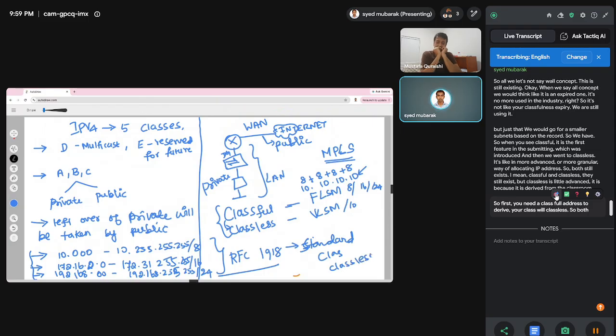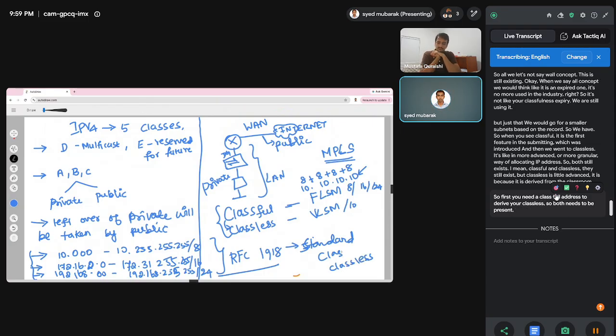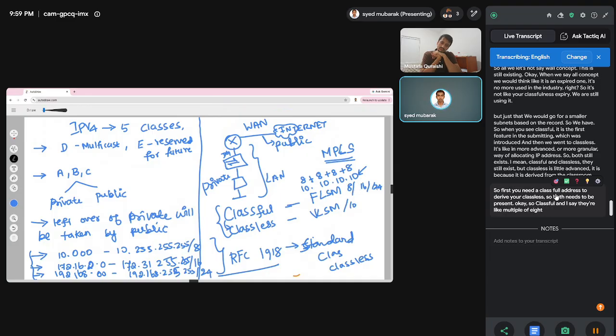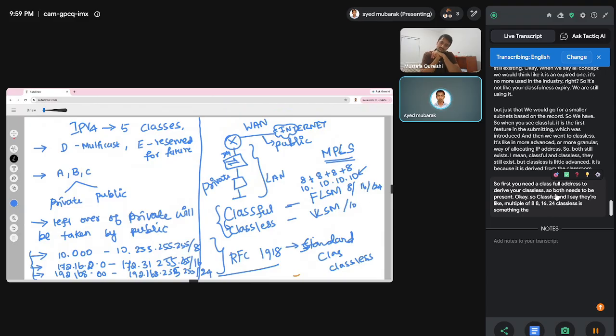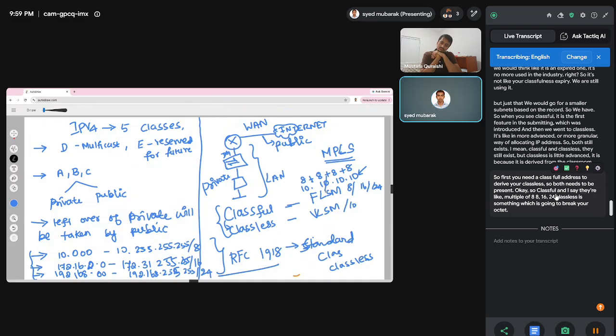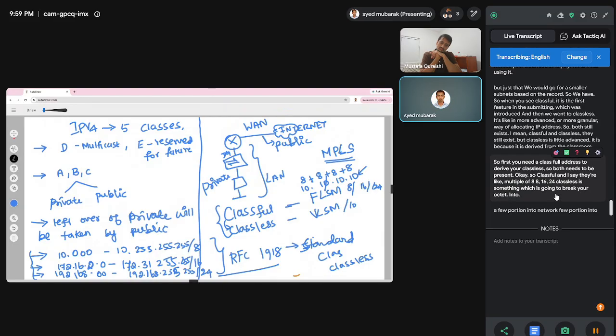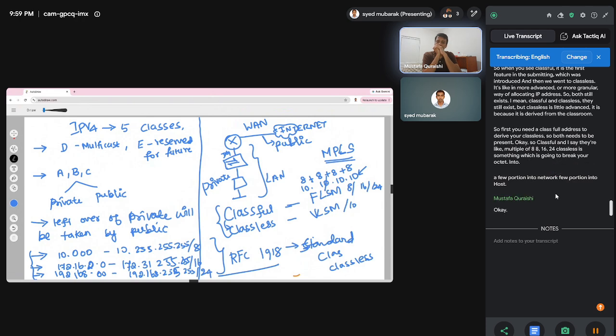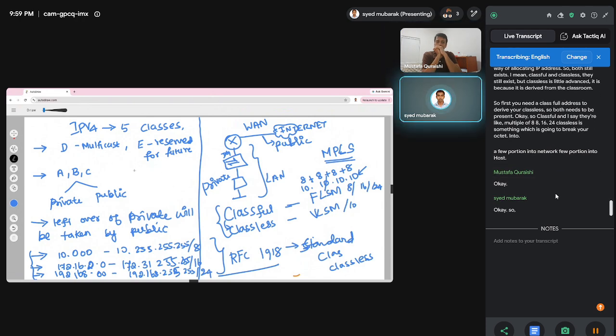So both need to be present. Classful is a multiple of 8: 8, 16, 24. Classless is going to break your octet, a portion into network and a portion into host. Okay, any questions here?